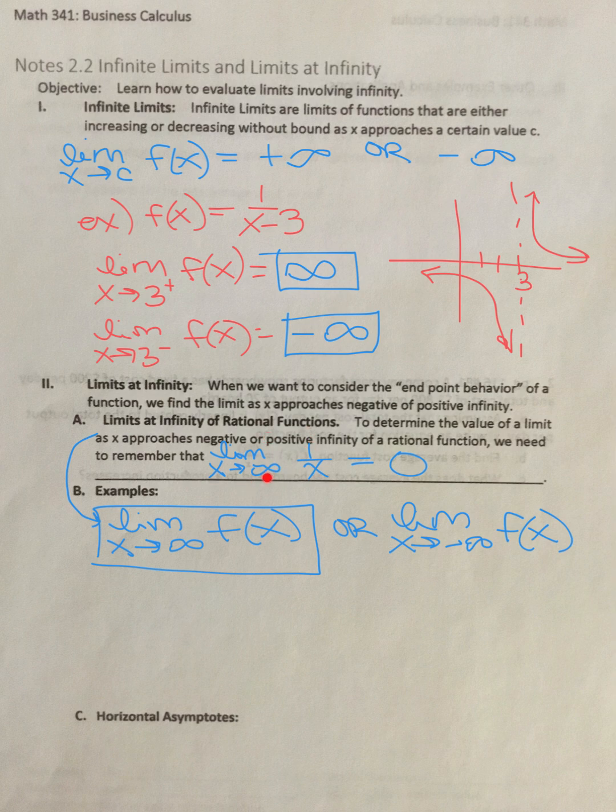So infinity, again, is a concept. It's not a number, but it's just saying that x is getting larger and larger and larger. So if we have a fraction, 1 divided by some value, if x is getting larger and larger, that means the denominator of this fraction is getting larger and larger. So we're taking this 1 and we're dividing it by a larger and larger number, which means that the overall value is going to get smaller and smaller.